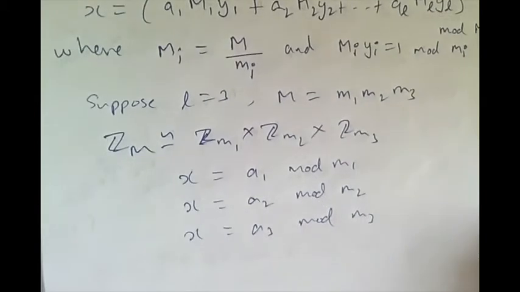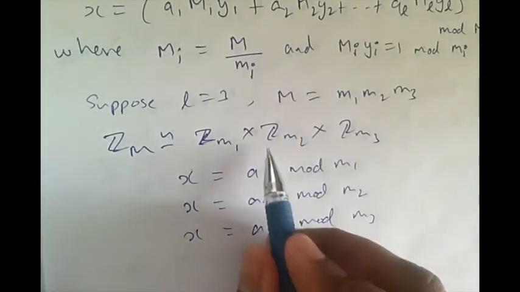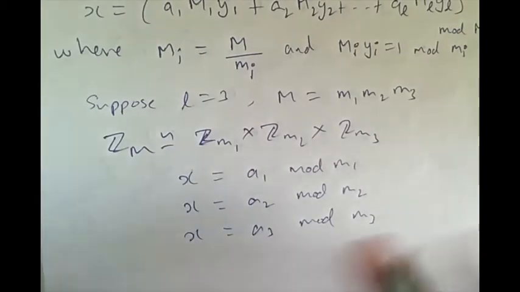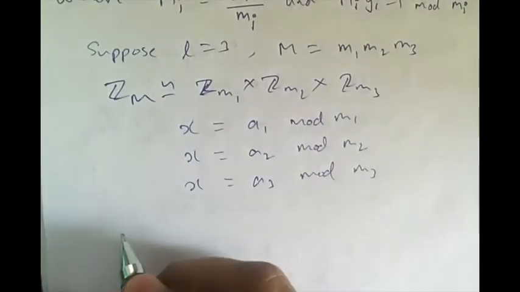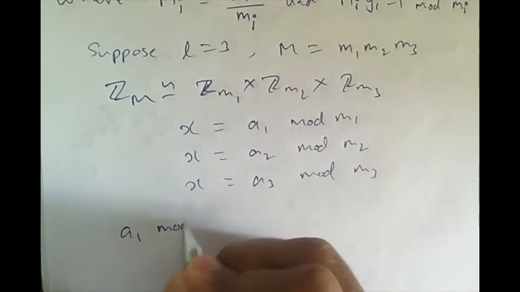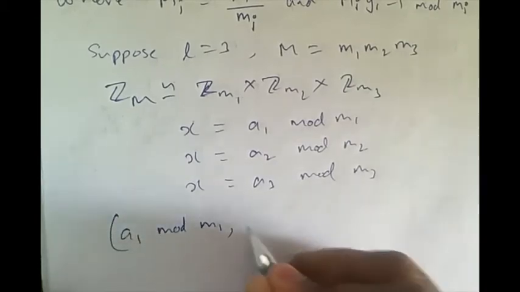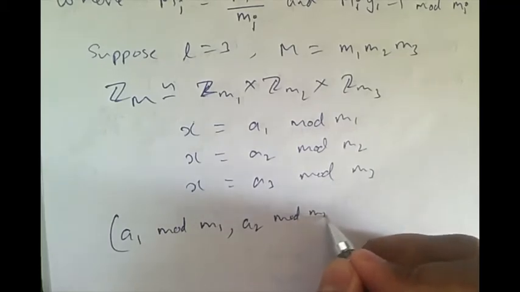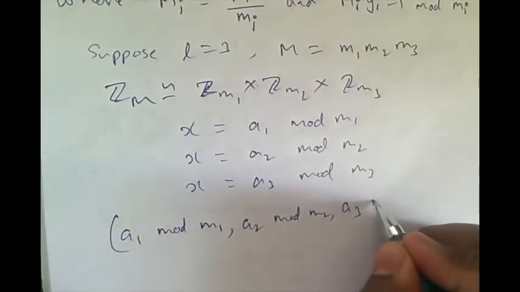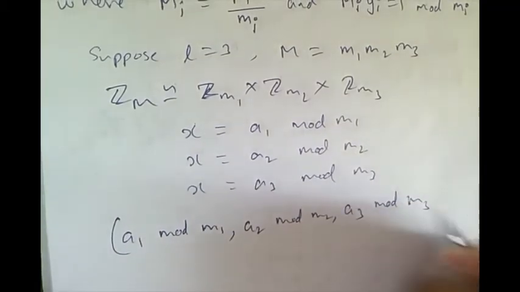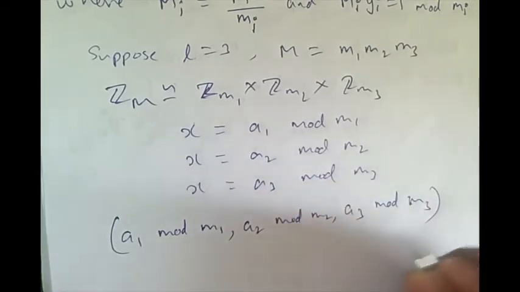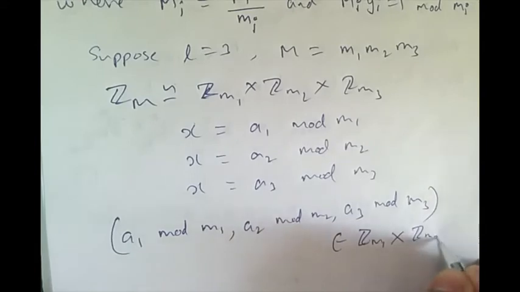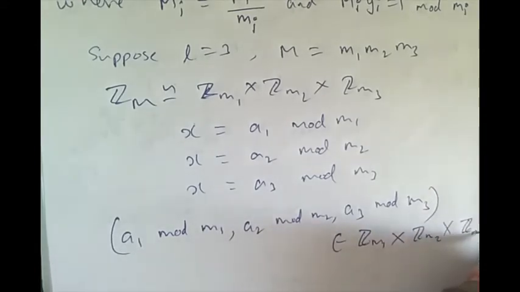So we are asking for what is the pre-image of a1, a2, a3 from this set. So if I look at a1 mod m1, a2 mod m2, a3 mod m3 in Z_m1 cross Z_m2 cross Z_m3.